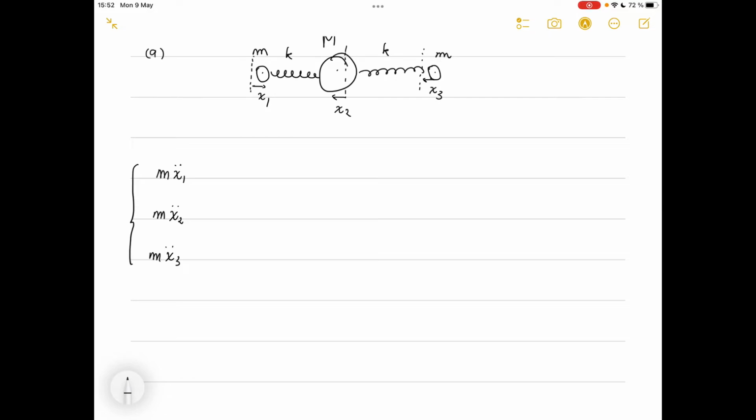So if we recall Hooke's law, it says that the force is minus k times x, where x is the displacement from equilibrium.